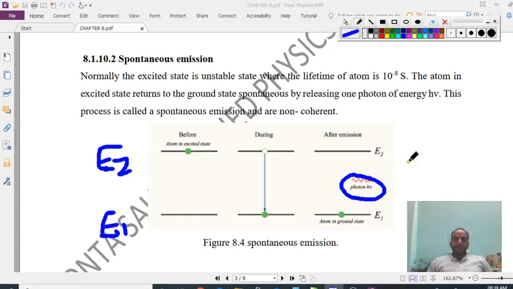This photon has an energy equal to the energy difference between these two energy levels, E2 minus E1. This is spontaneous emission. In this emission, the electron is already in excited state and it loses its energy by releasing a photon.